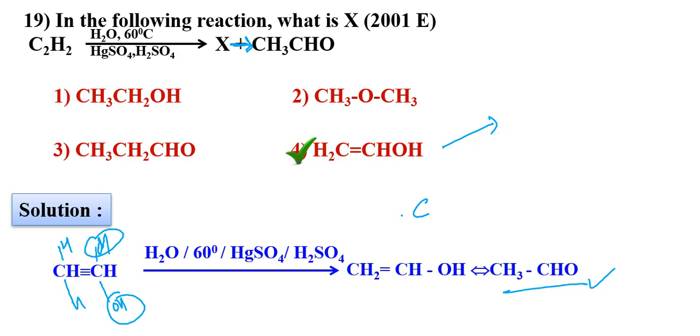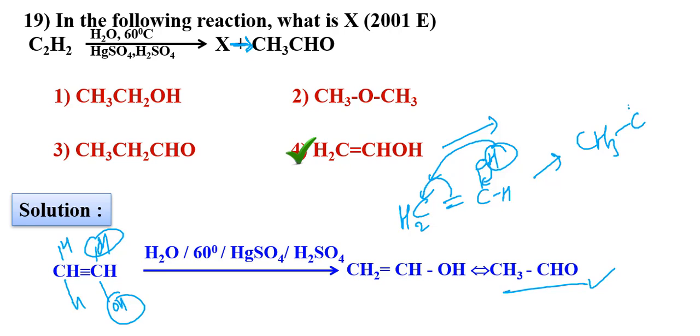I am writing again CH2 double bond CHOH. Okay, whenever this sigma bond shifts here and this pi bond shifts here, this hydrogen migrates to this carbon. So CH3 C double bond O H.